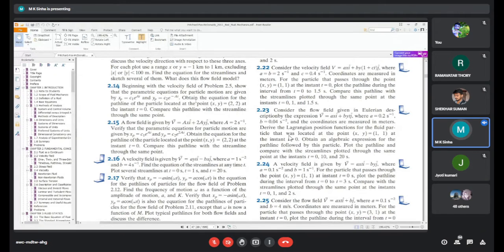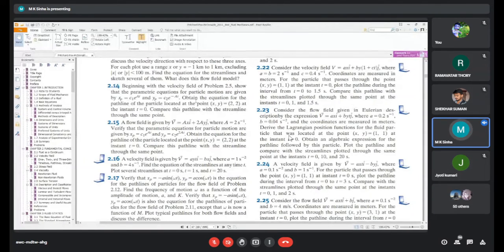So the question is: velocity vector is given, v equal to axi minus ayj, a is 1 per second, and the parametric equations are given for the particle along x position and y position, xp equal to C1 e to power at, yp equal to C2 e to power minus at.